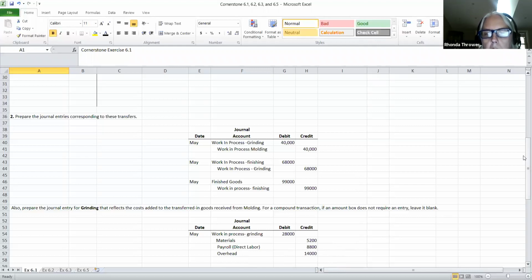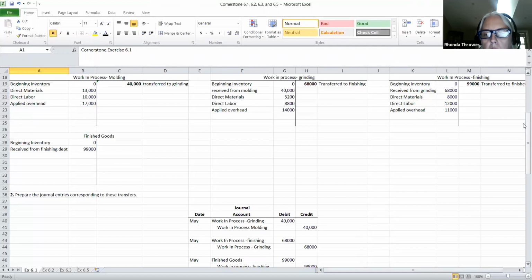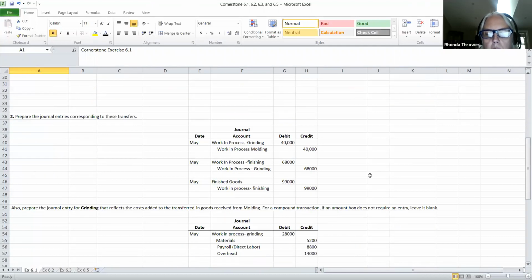And if you look at this T account up above, you can see that all of these things ended up being debited to the work in process grinding department. So what we did is we took the total of the cost that we have incurred in this period in the work in process grinding department, 28,000.